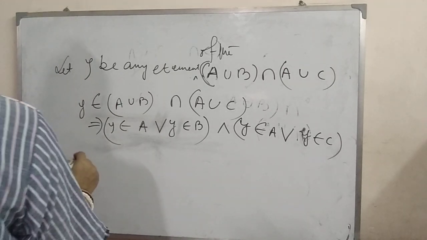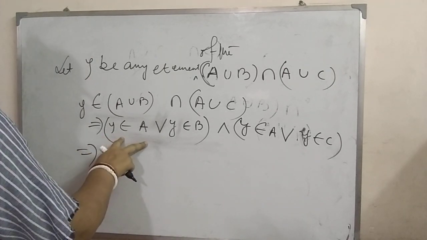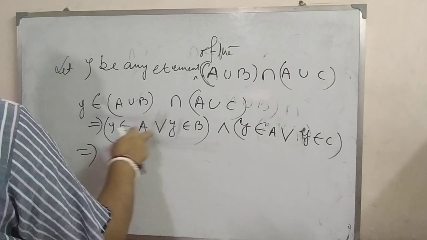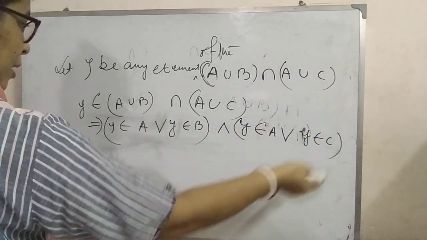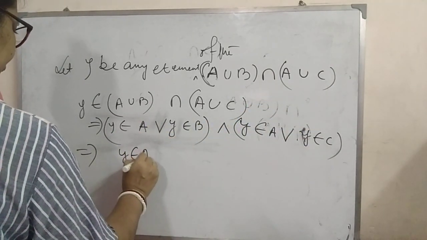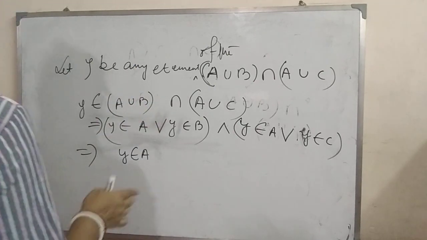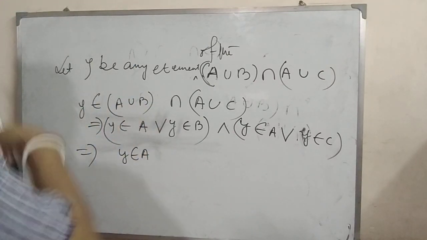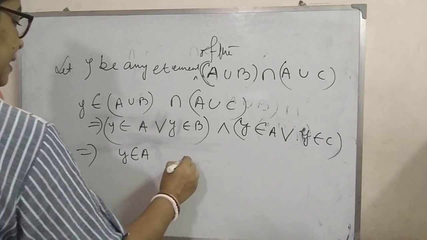And after that I will write Y belongs to A, Y belongs to B, Y belongs to A, Y belongs to C. That means Y belongs to A. Answer is A union (B intersection C).